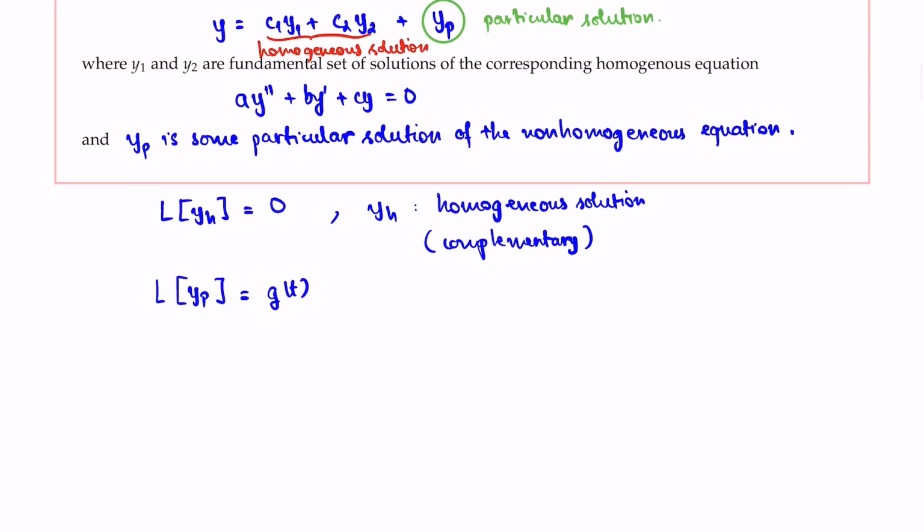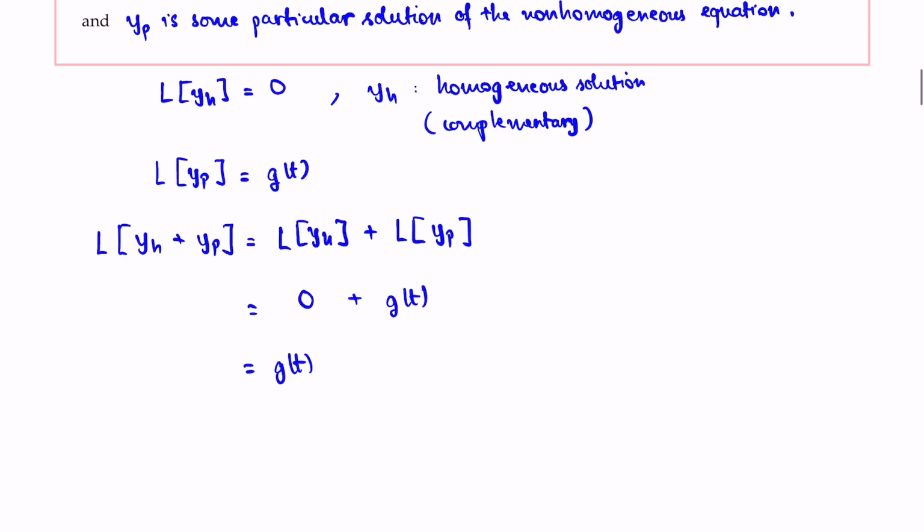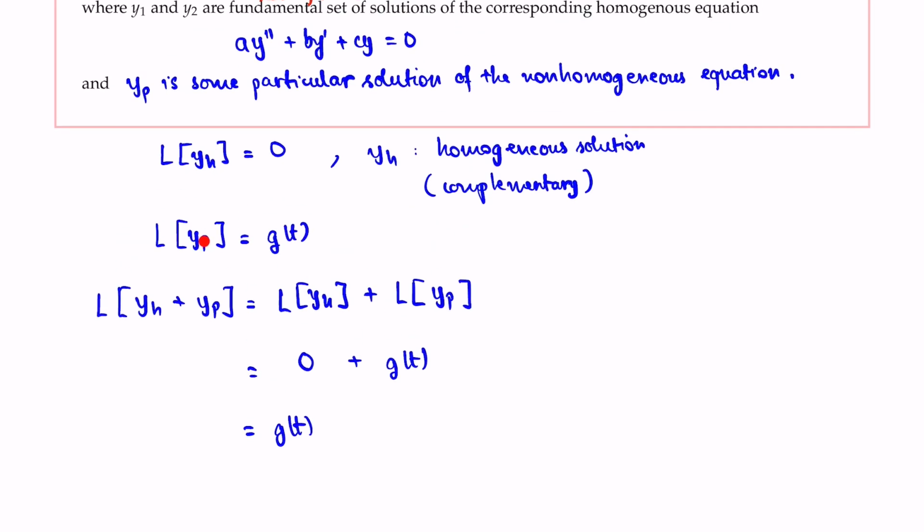Now, why the combination of these two solutions? The linear differential operator applied on the sum of the homogeneous solution and the particular solution is the sum of the linear differential operator applied on each. The operator applied on the homogeneous solution gives you 0, and applied on the particular solution gives you g(t), so the total is also equal to g(t).